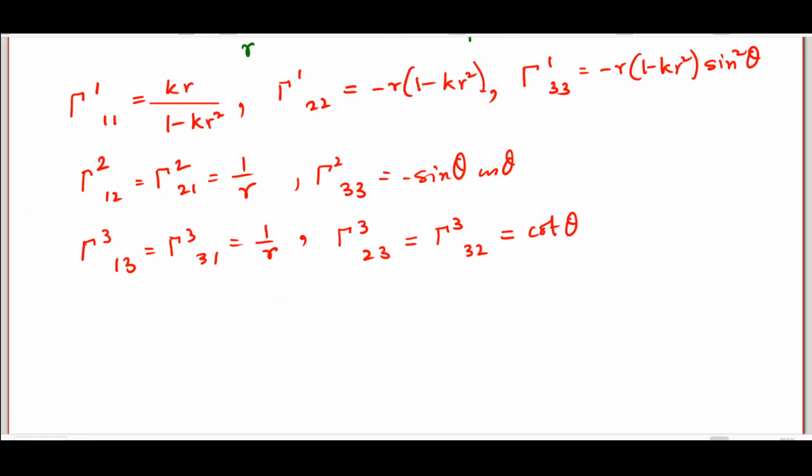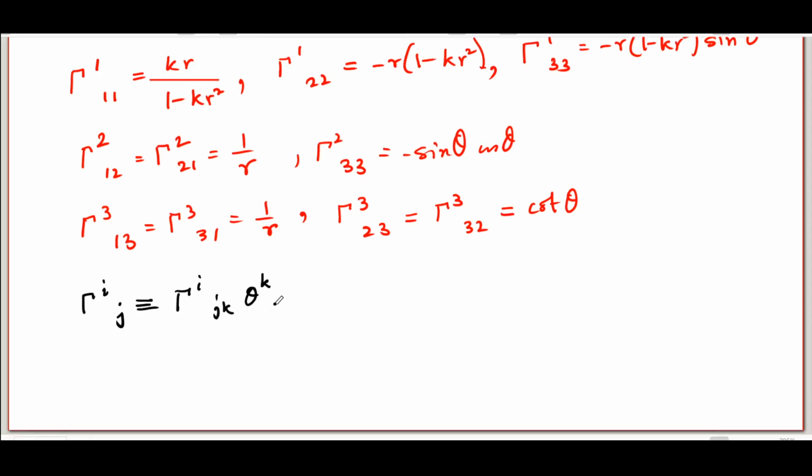Now that we have the gammas, let's write down all the non-zero connection 1 forms. Remember, we have this formula for the connection 1 forms, the definition really, which is you start with the connection coefficients and multiply them by the basis form like this. Of course, this is the sum over all k.